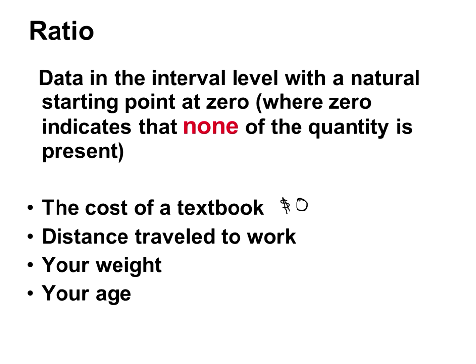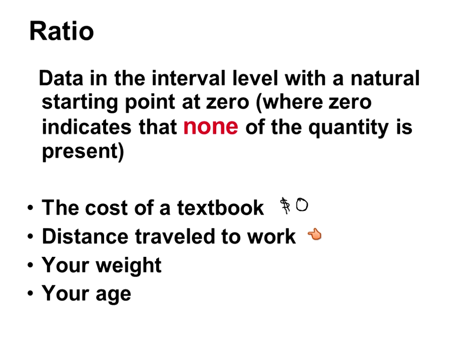The distance traveled to work, distance that's measured, if you've traveled 0 miles, that means you haven't moved. It means something. So if your distance is 0, that means you haven't moved.